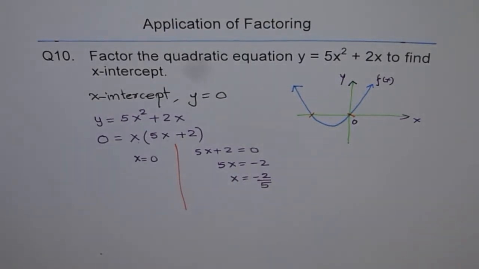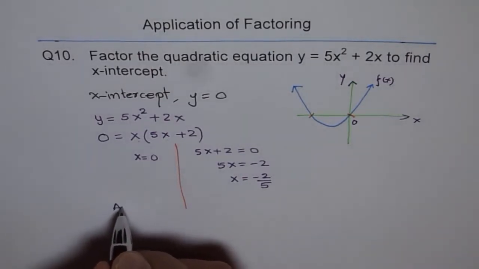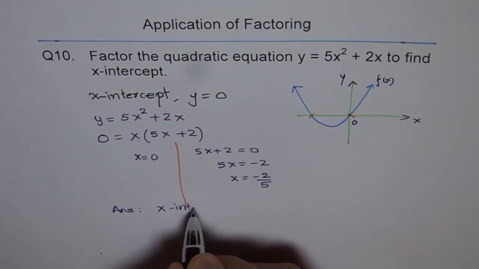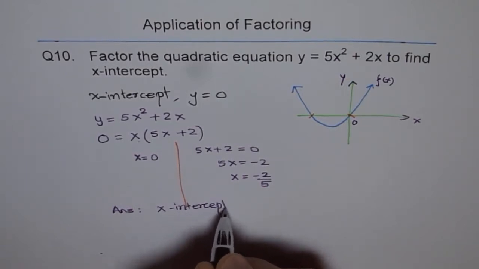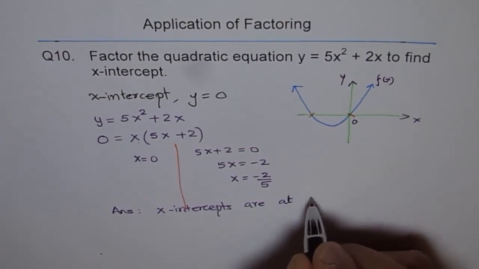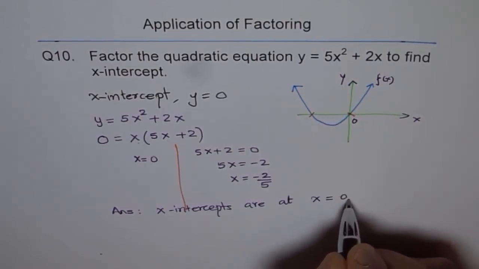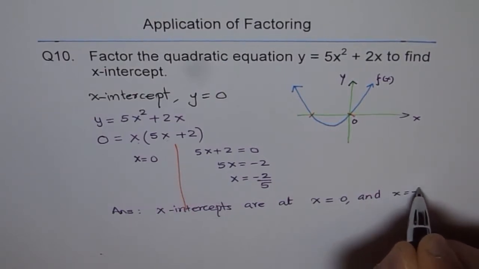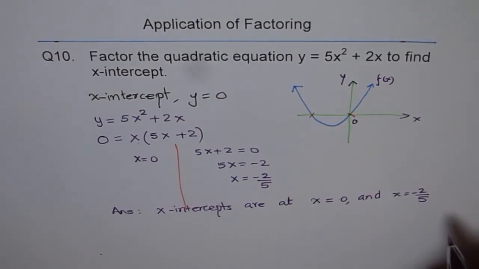And therefore our answer here is that the x-intercepts are at x equals 0 and x equals minus 2 over 5, correct?